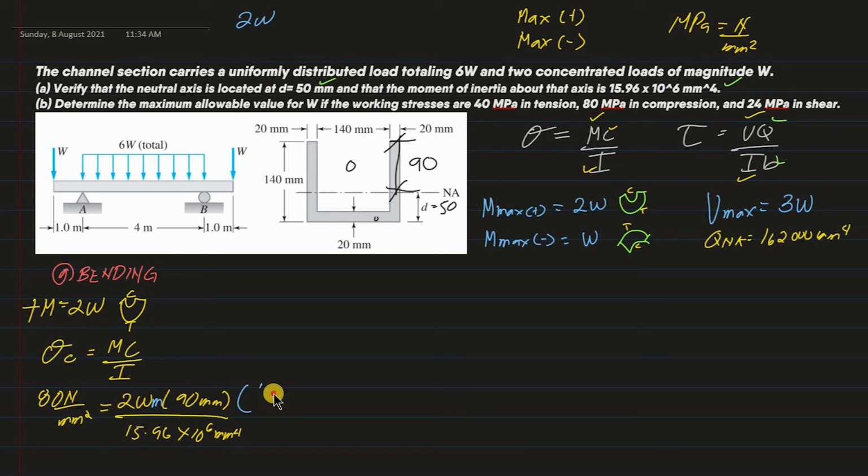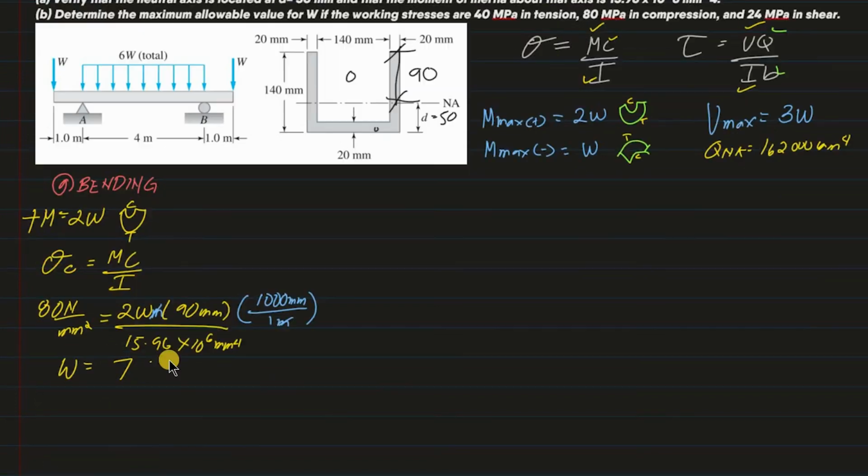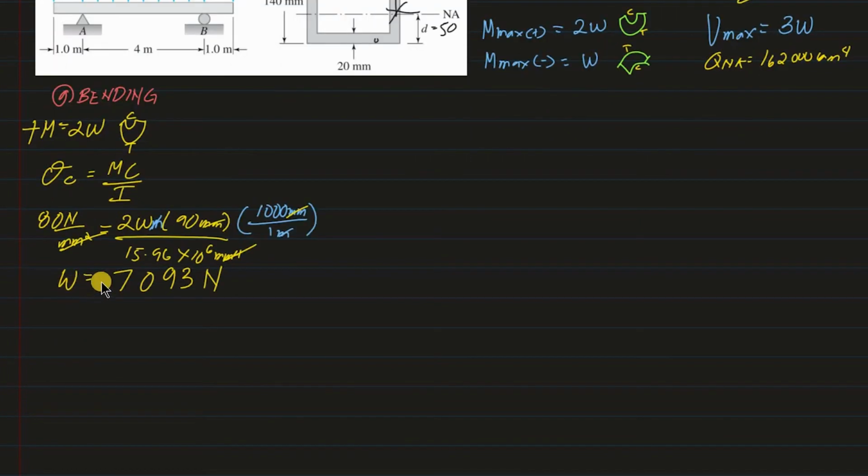And let's use the conversion ratio that 1,000 millimeters equal to 1 meter. So, cancel M, cancel M. Therefore, we can now solve for the value of our W. So, W will be now equal to 7,093 newtons. Okay? So, our answer is in the unit of Newton kasi yun lang naman yung natira. Lahat na ng millimeter na to, nag-cancel na sila. Okay, so ito yung una nating sagot.